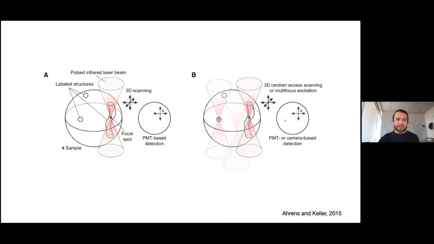Here the idea is that you have a pulsed infrared laser beam that gets focused into a point. So this point represents the focal spot. And it can scan across space in 2 dimensions, say this plane, or in 3 dimensions, say this sphere. And then you can reconstruct the volume by stitching together all these XYZ coordinates.